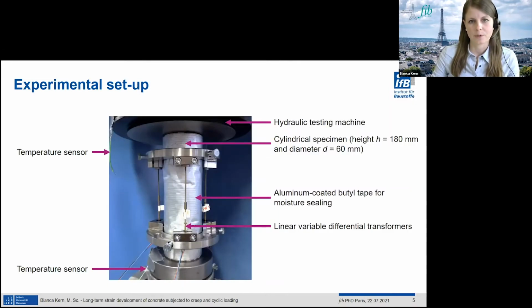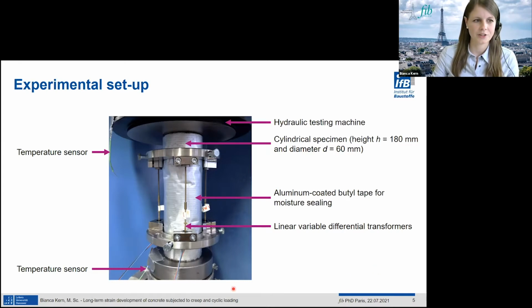Within all tests, the experimental setup looked like the one shown here. The cylindrical specimens were sealed with an aluminum-coated butyl tape for constant pore moisture during testing. The axial deformations of the specimen were measured continuously throughout the entire test using 3 linear variable differential transformers positioned around the specimen axis at angles of 0, 120, and 240 degrees.